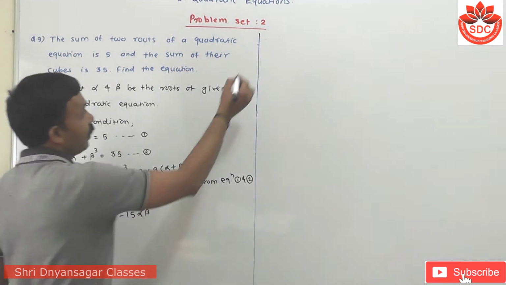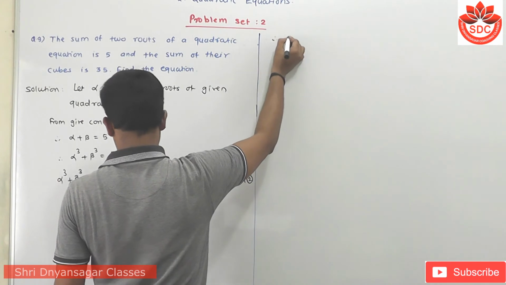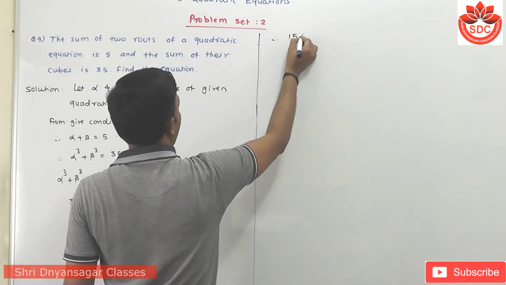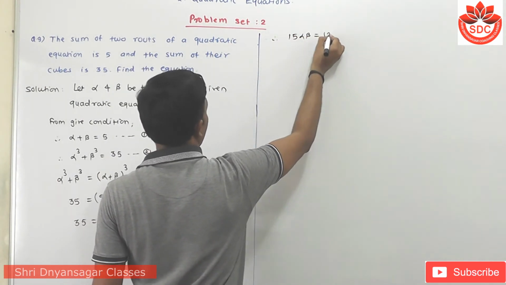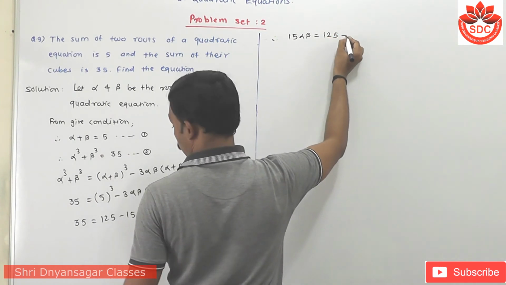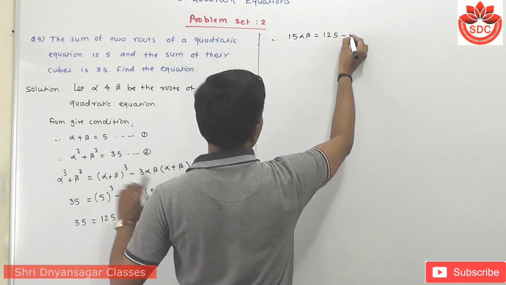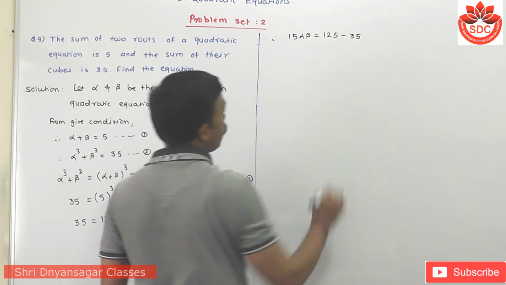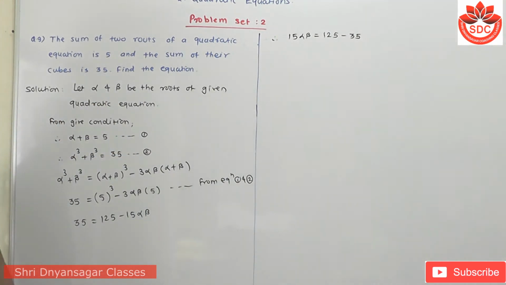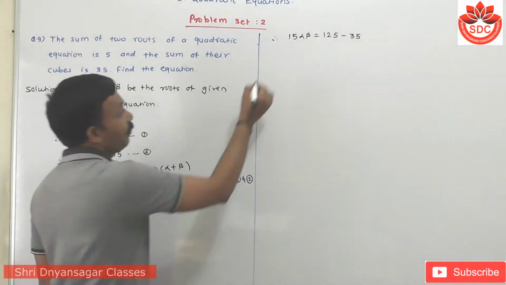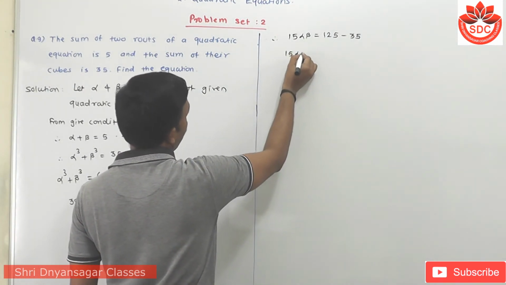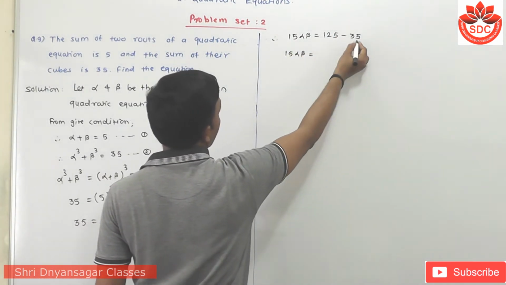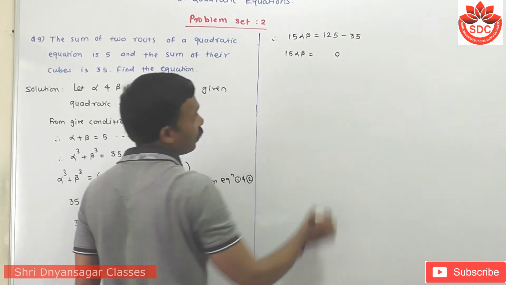We get that, therefore, 15 alpha beta is equal to 125 plus 35, which converts as minus. Then this converts as plus, this converts as minus. Then 15 alpha beta is equal to the subtraction, which is 90.